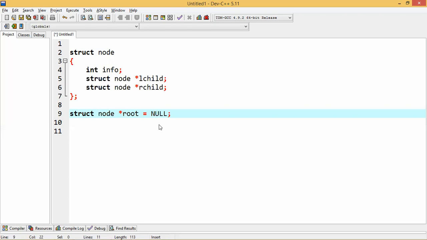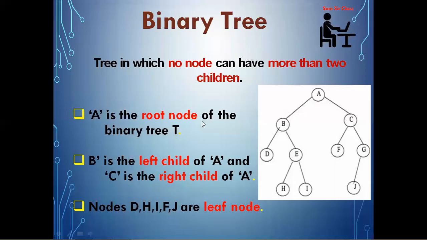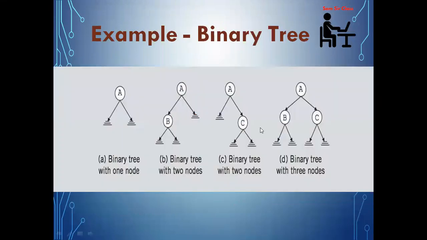Now again, what is the problem with a binary tree? We have already discussed different examples: a binary tree with one node, where no child is there, then a binary tree with two nodes where a left child is present, again a binary tree with two nodes where a right child is present, and a binary tree with three nodes where both children are present.